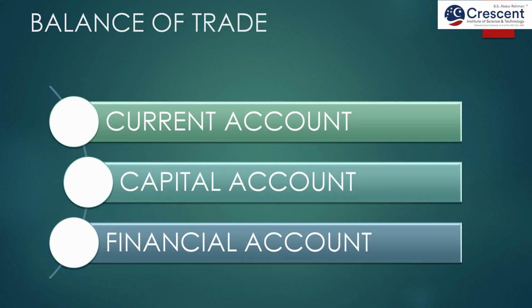Balance of trade. The balance of trade is the difference between the monetary value of exports and imports of the output in an economy over a certain period. It is the relationship between a nation's import and export.